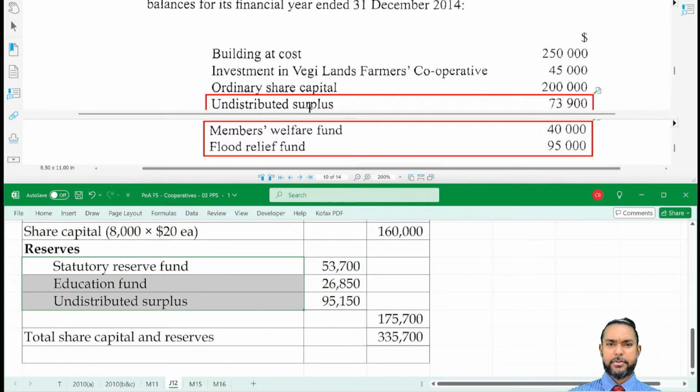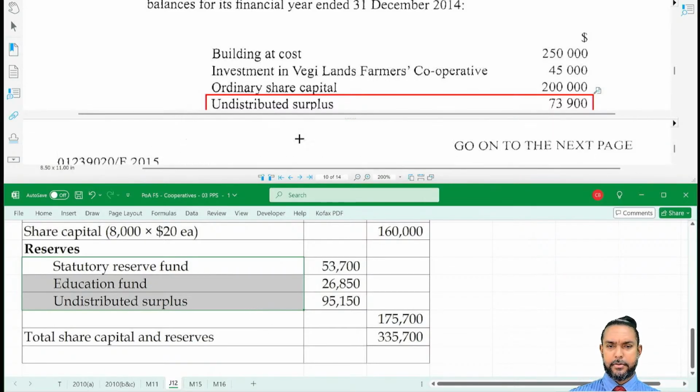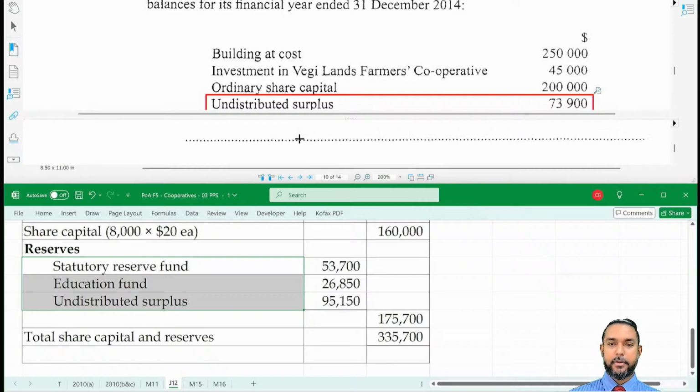Let's see what we can do. So this is, hold on, which one again? 2015 May. Okay, so 2015 May.